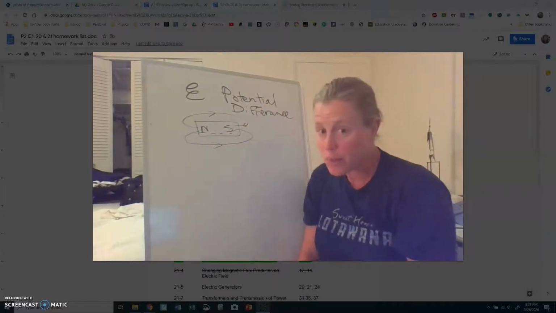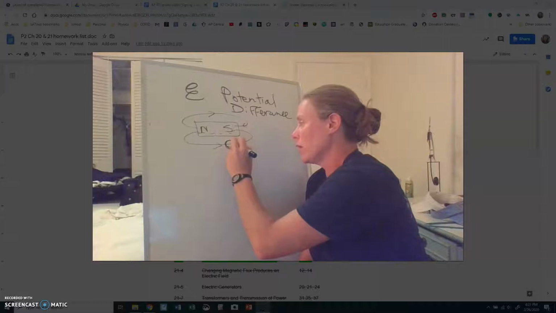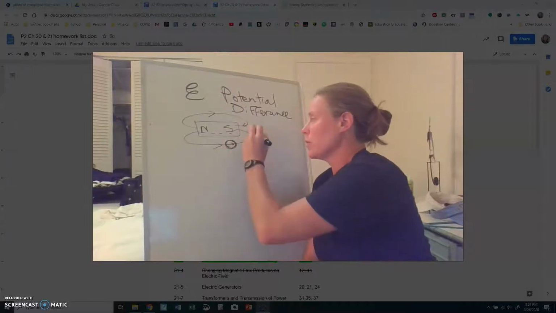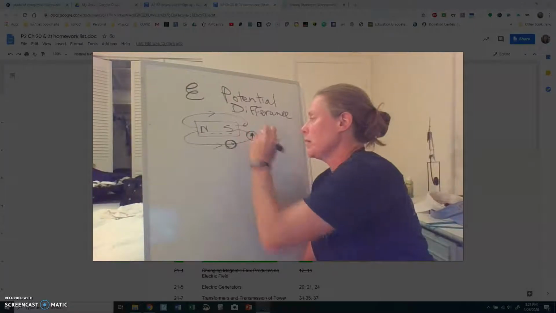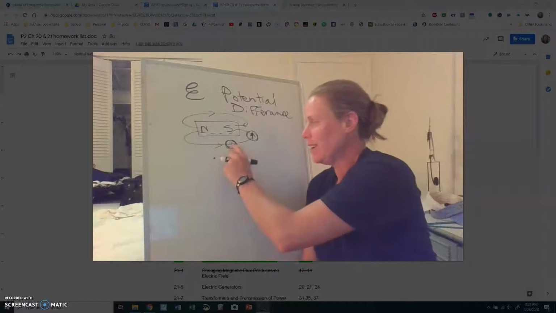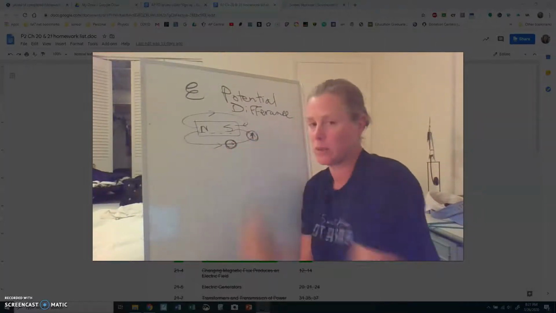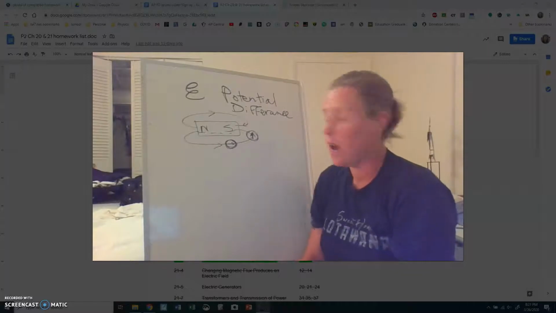Now, if I were to put a compass on one of these lines, my little north arrow would be pointing along it. It would actually be tangent to the line. So if the line is straight, it's going to be linear with it, but if it's curved, it's going to be tangent to that line.